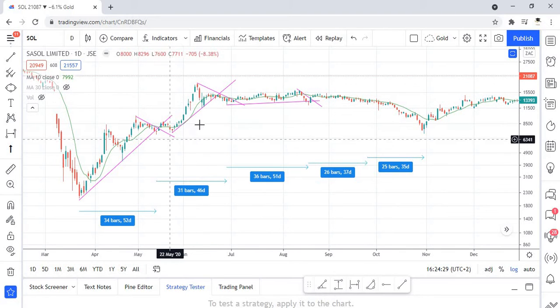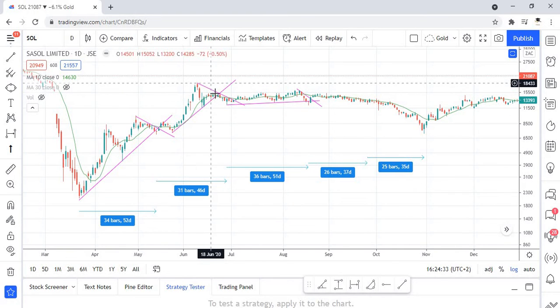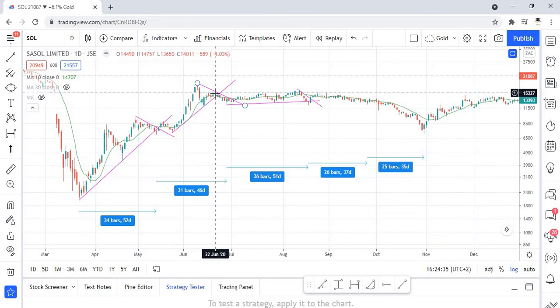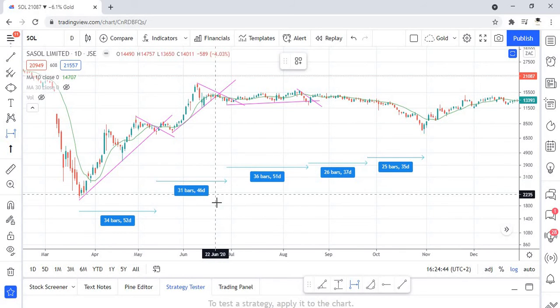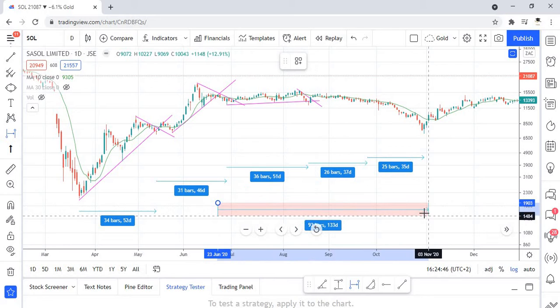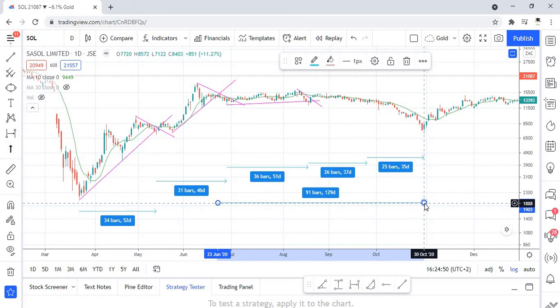So if someone was in Sasol and the moment they see this high is not able to go above here, they could probably sell and look to buy something else. Then from that time to this point here, you can see it was 129 days.